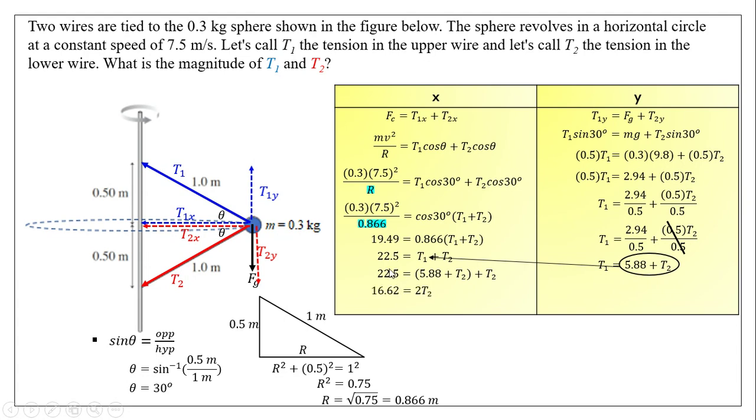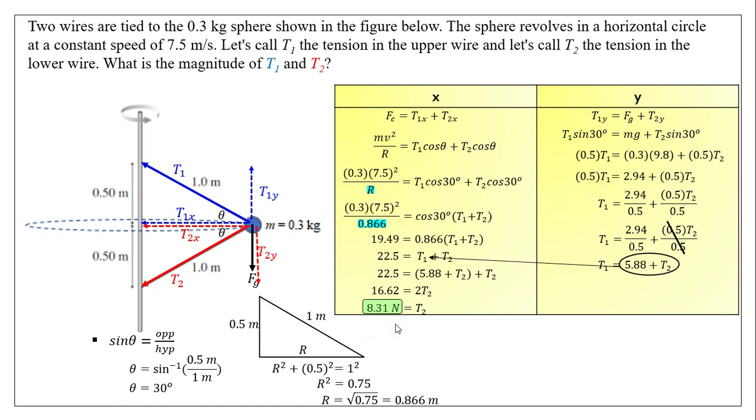Okay, so to get 2 T2 by itself, I'm just going to go ahead and subtract 5.88 from both sides. So if you take your calculator and you take 22.5 minus the 5.88, you'll get 16.62. And once again, the 2 T2 comes from just combining like terms. And in here, to get T2, you just divide both sides by 2. So 16.62 divided by 2 will give you a value of 8.31 newtons.